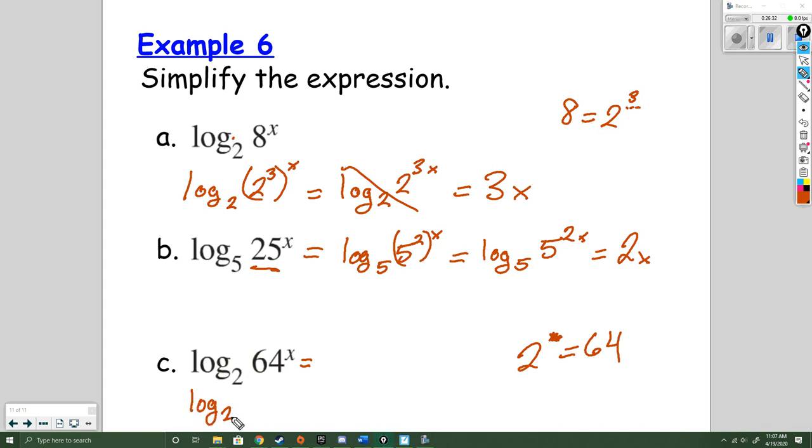Maybe we know 2 to the third power is 8, like in the previous example. 2 to the fourth power would be 16, to the fifth would be 32, and then finally to the sixth would be 64. Now I'm just going to shortcut right to this last step, use our rule of exponents, and then simplify this. Log base 2 of 2 to the 6x would just be 6x.